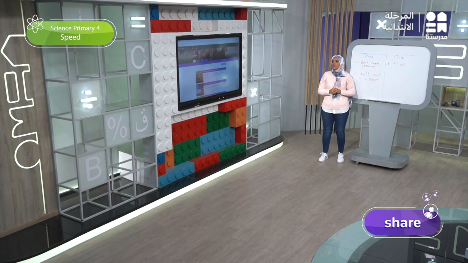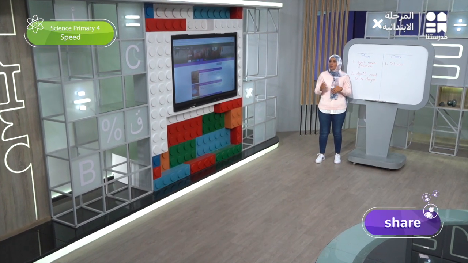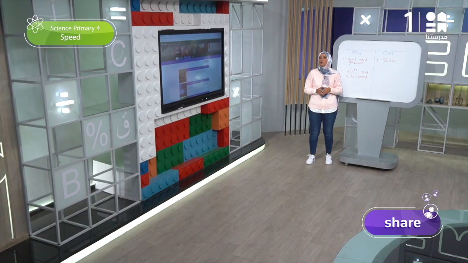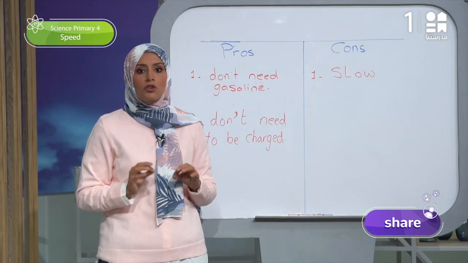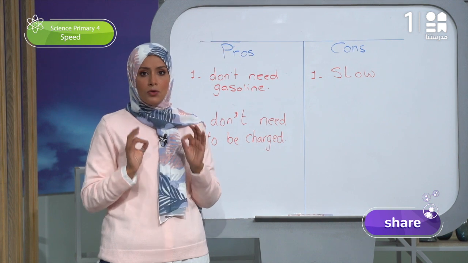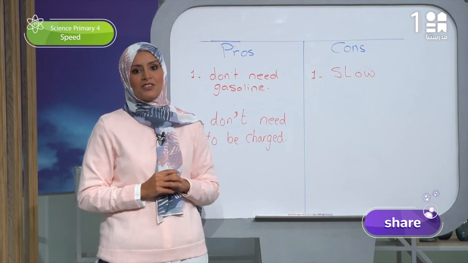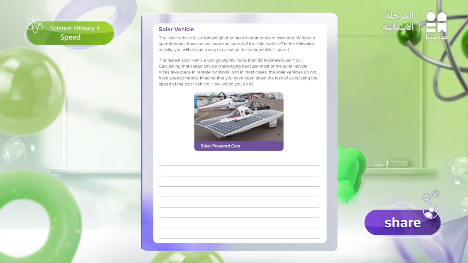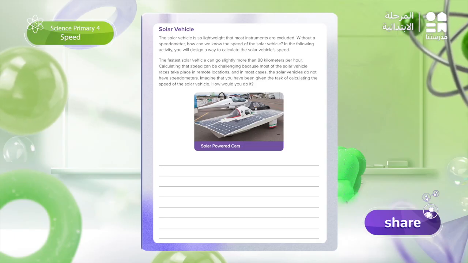You too can search like mechanical engineers for different solutions to the problems or innovative, simple ideas depending on what you learned about speed. And you may get into groups and share the solutions with the name of your group on مدرستنا Facebook page. Let's move to page 211 and look at the solar vehicle closely.